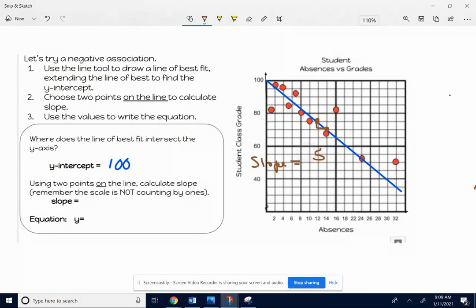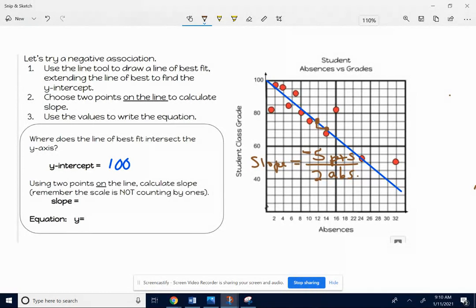So we're going down 5 points in a grade, maybe 5 percentage points. We're going over one space. Look at your x-axis. Notice here, one space on your x-axis is two absences. So we're going down 5 points for every 2 absences.